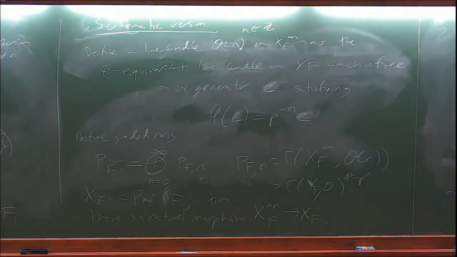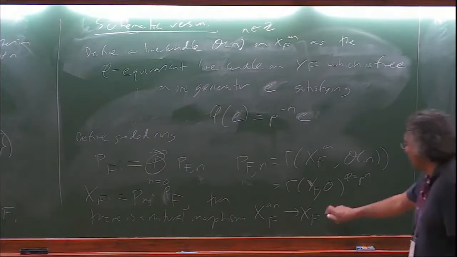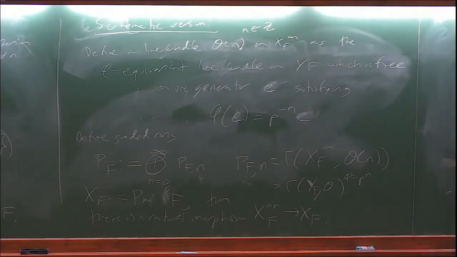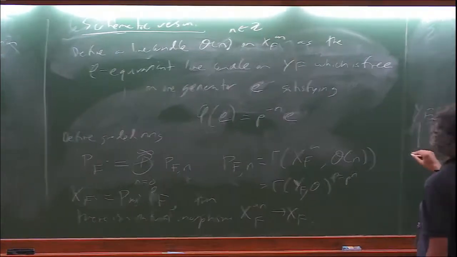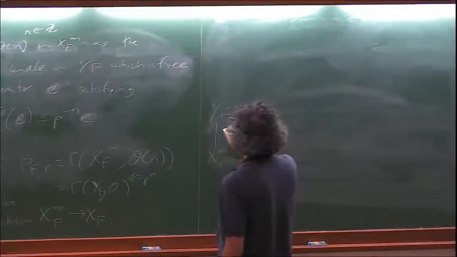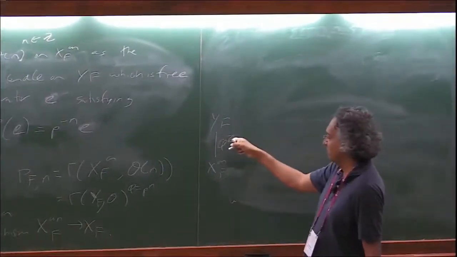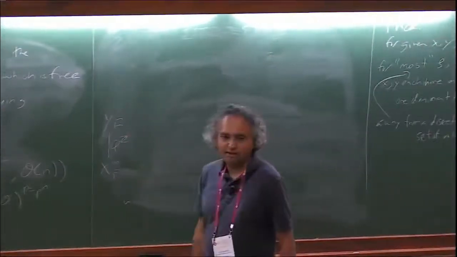Y_F is this cover of X_F. Are you sort of asking where does this map come from? So right, Y_F is a cover of X_F by the group that looks like the integers, which is generated by phi.